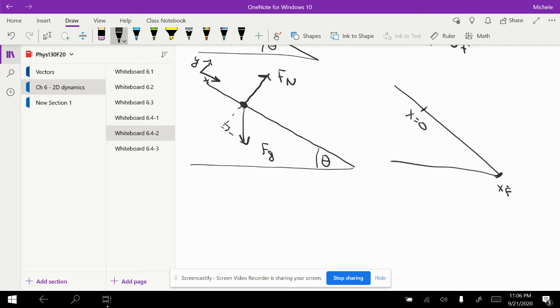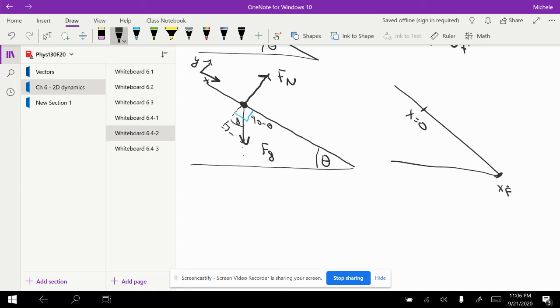If you do the geometry, if this angle here is theta, and I drop this down here, this would be a right angle, so this must be 90 minus theta. And then this angle up here must be theta.